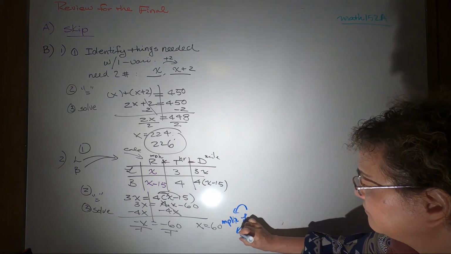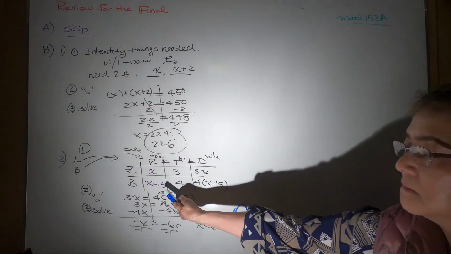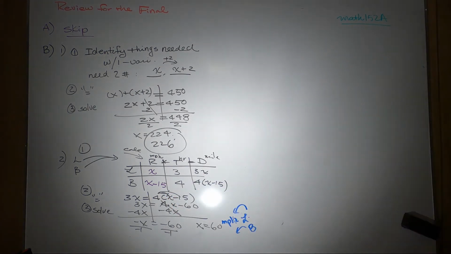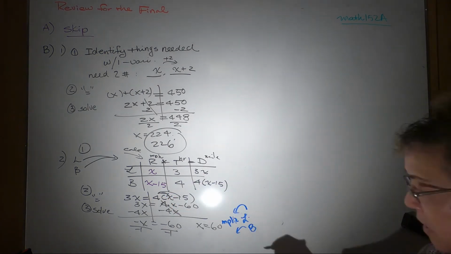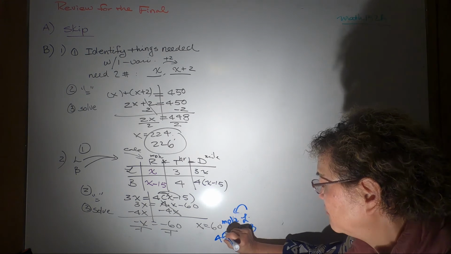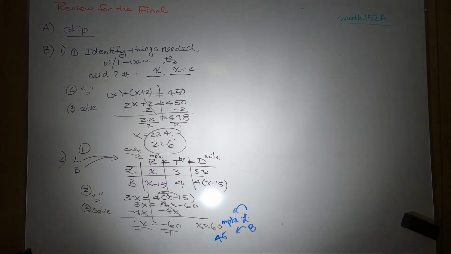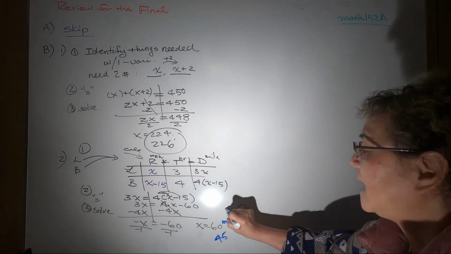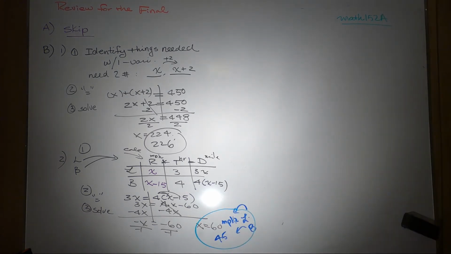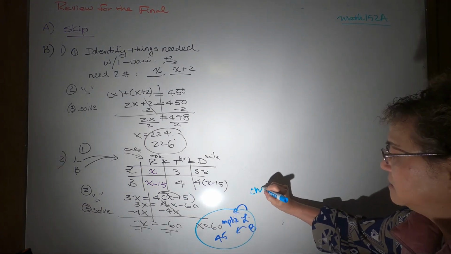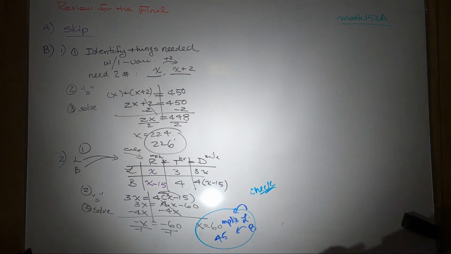Betty would be 15 miles per hour slower, so that would be 45, right? Then that would be your answer, but how do you know you are right? So you check. How do you check?